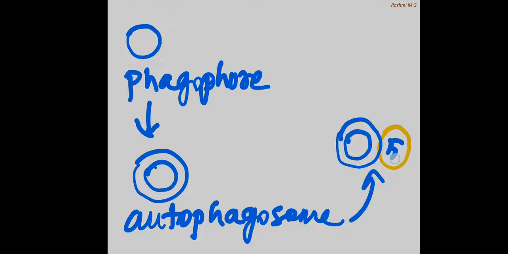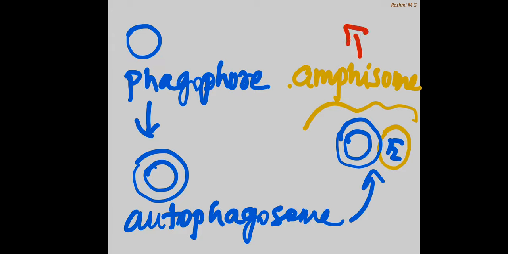This is the endosome, and this association is called an amphisome. The complete autophagosome or amphisome fuses with the lysosome.